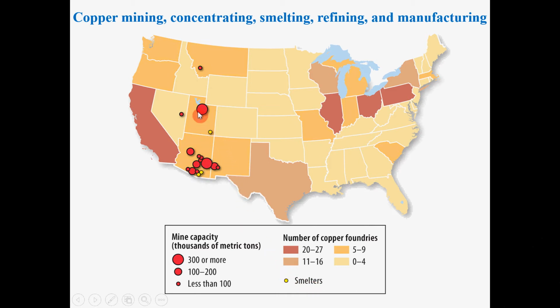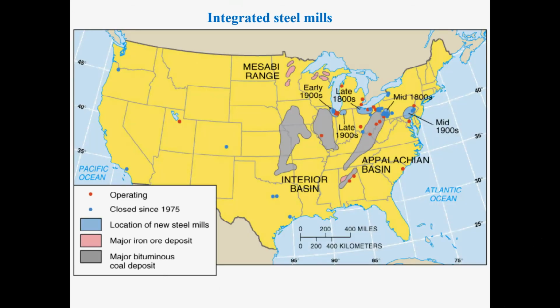You can see that because of the existence of those mining facilities, those processing facilities are very close to them, in order to reduce the shipping cost, since heavy material can be very expensive. So that gives us an example of how raw material becomes an important factor in deciding where you should put the processing facilities.